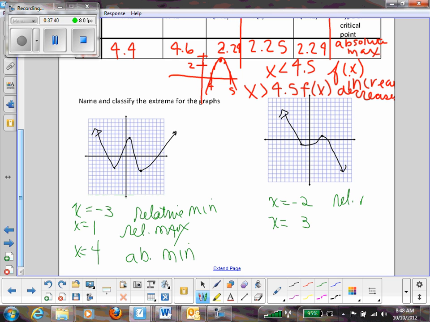A relative minimum. At x is equal to 3, Courtney, what do I have? No, it'll be a maximum. It's a relative maximum. Because the graph totally turns and goes in the other direction. A point of inflection means it continues on in that direction. Is that better? Okay. All right, are we good? Got it?